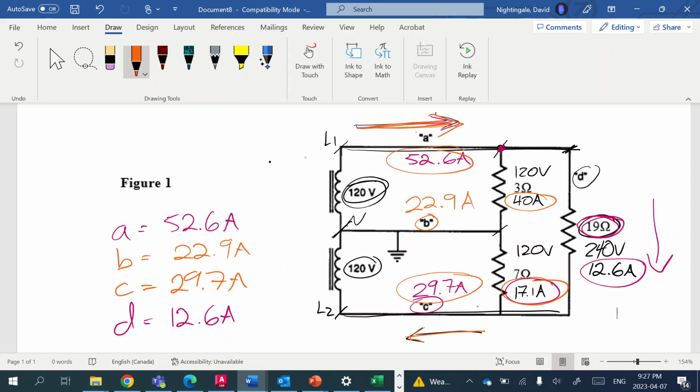We must have that 22.9 amps returning to the source as well, so that now what is leaving the source is now coming back to the source. 29.7 plus 22.9 equals 52.6.